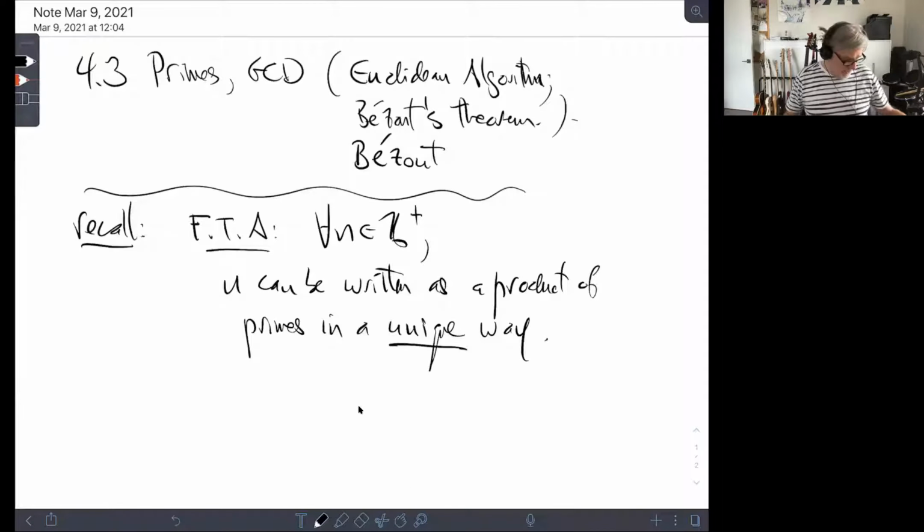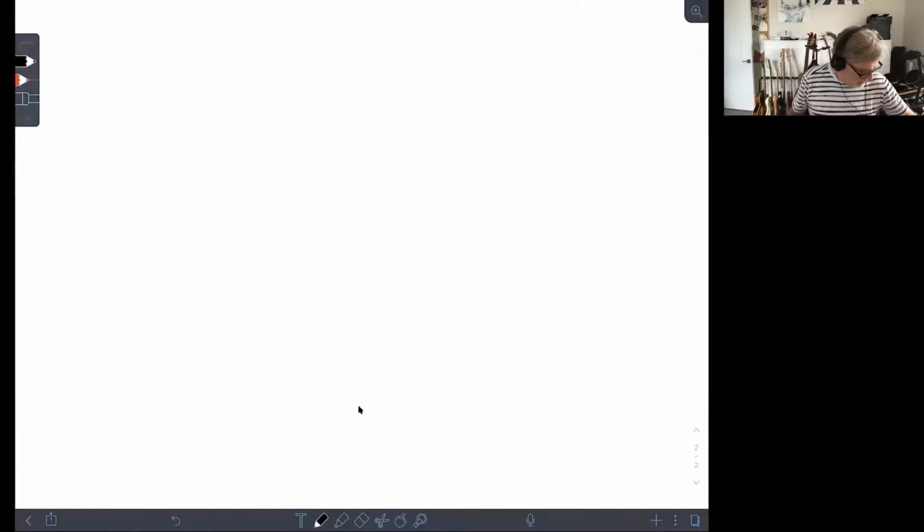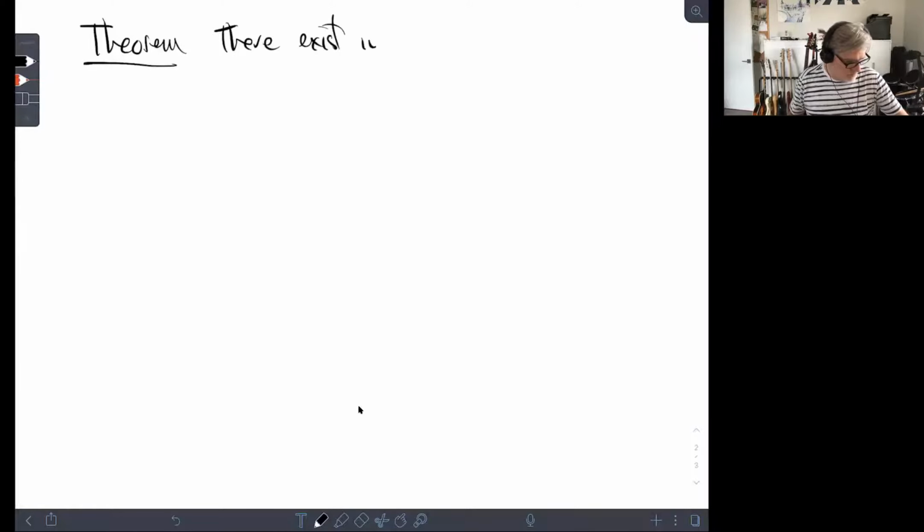Okay, infinitely many primes. So let's do that. Theorem: there exist infinitely many primes.